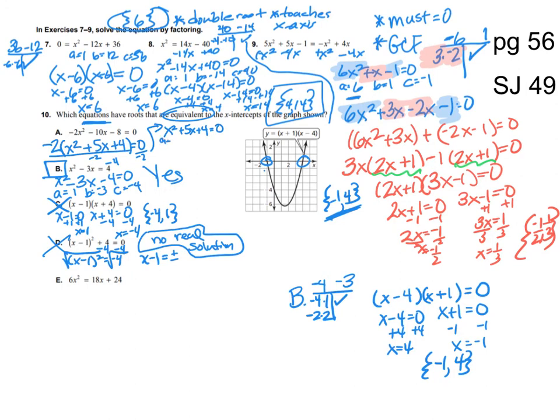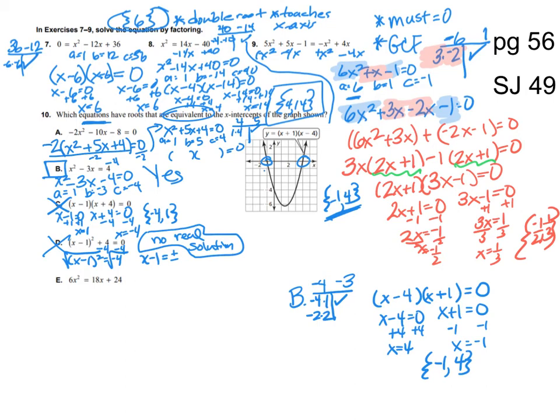A is 1, B is 5, C is 4. I need to make my chart. A times C is 4, sum of B is 5. I can multiply 1 times 4, and that gives me +5. A is 1, so I can go ahead and put my two empty binomials.